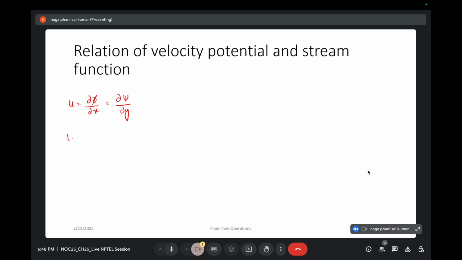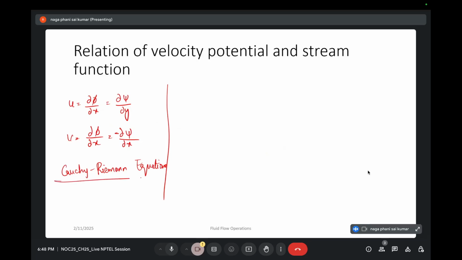And similarly, v will be equal to dou phi by dou y, which is also equal to minus dou psi by dou x. These equations are called Cauchy-Riemann equations.